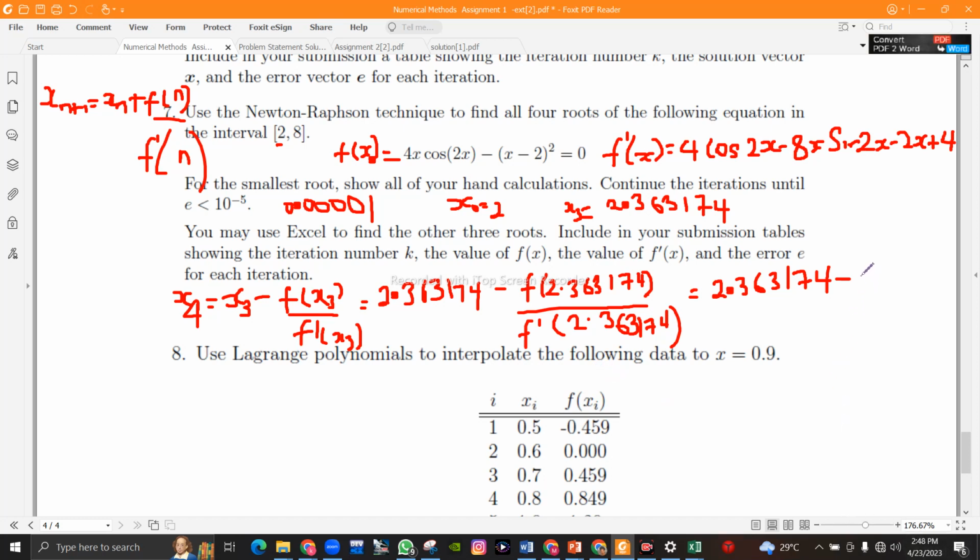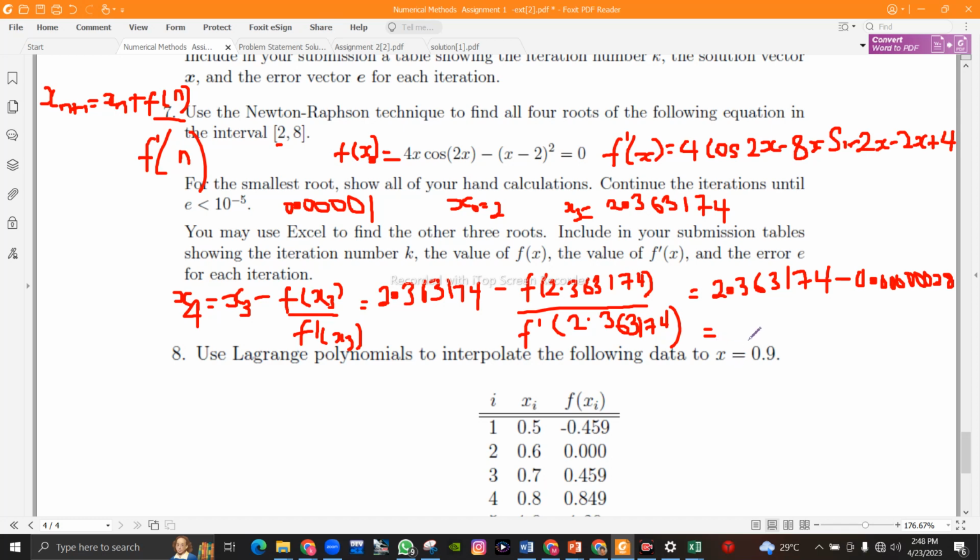That's 0.0000001, it is 27 or 28. So we subtract this, we are going to have minus 2.363174.